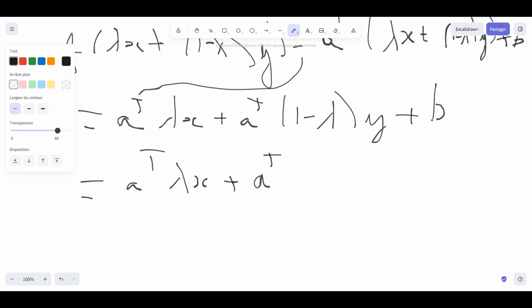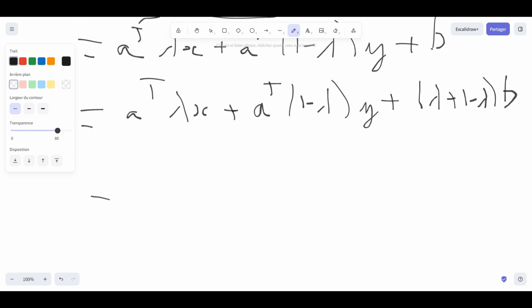Well, that's a trick. I admit, not easy to think about, but it seems a good thing to do here. It's still lambda minus lambda is 0, so you have this.